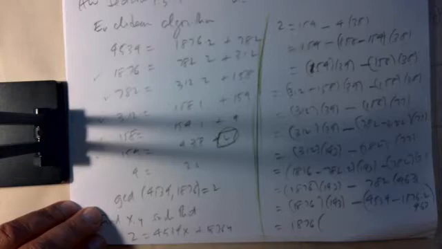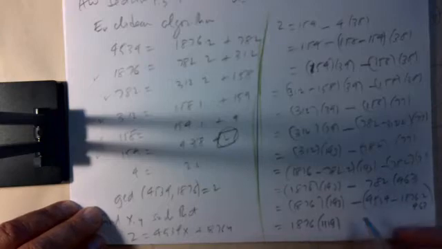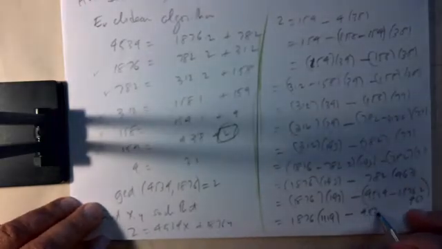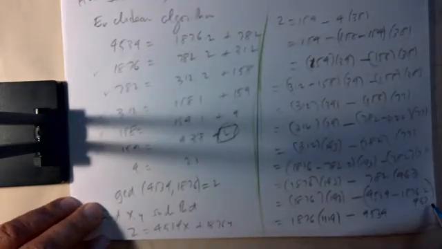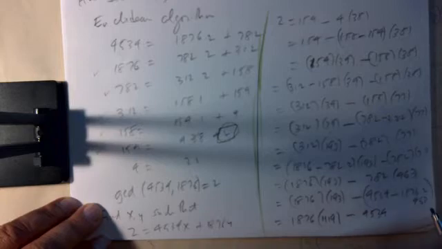So 463 times 2 is 926 plus 193. Looks like maybe 1,119, and minus 4534 times, I just can't read my own writing. It looks like 463.